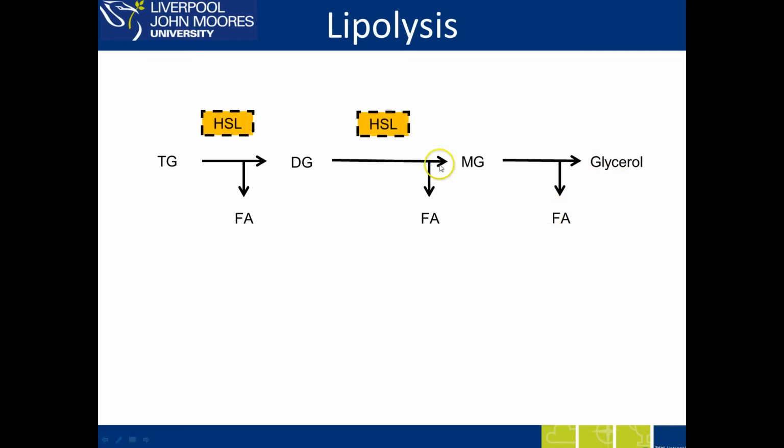And HSL is important in catalyzing these first 2 reactions, so the breakdown of triglyceride to diglyceride and the breakdown from diglyceride to monoglyceride. And then MGL, or monoglyceride lipase, is responsible for breaking down monoglyceride into glycerol and a fatty acid.